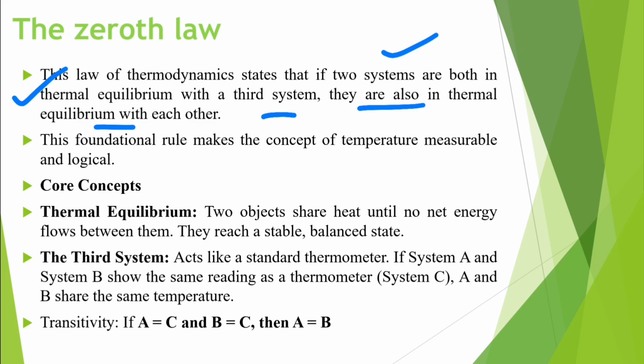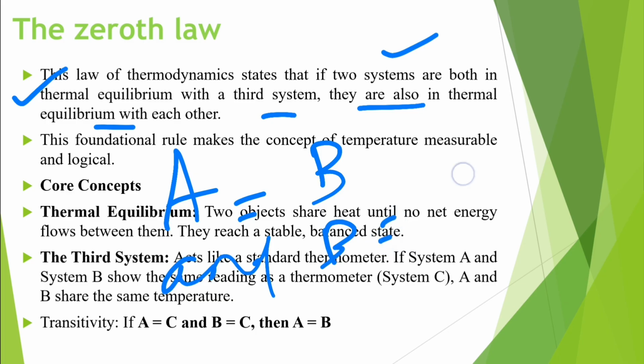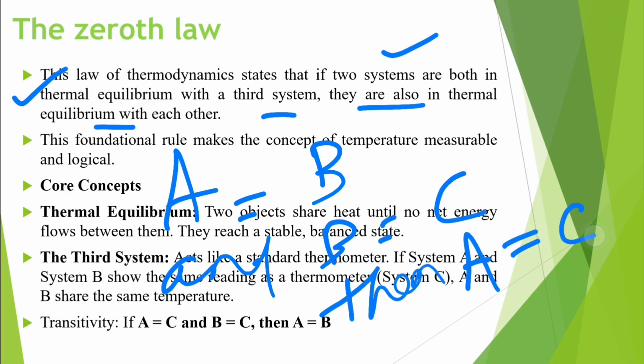So it follows the simple math formula: if A equals B and B equals C, then A will definitely equal C.